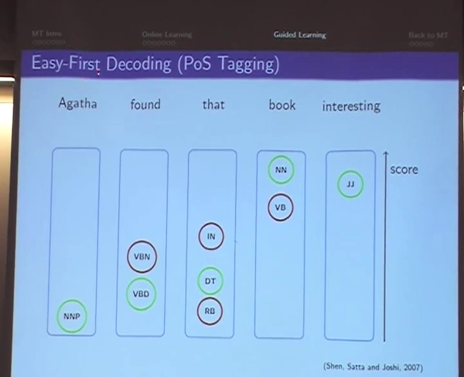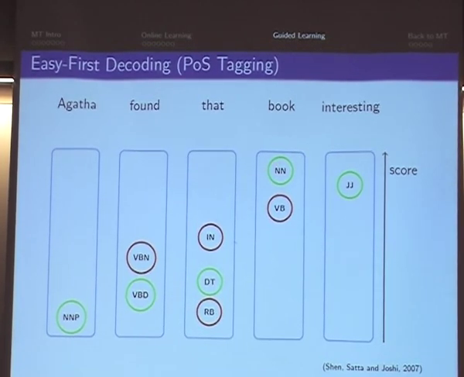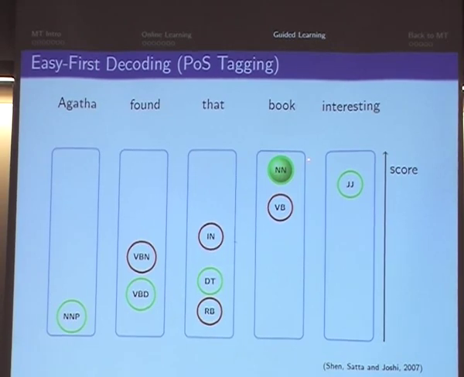The idea of easy-first, sometimes called non-directional decoding, is let's start with the word where we are most confident. So here it is the noun for book. It had the highest score. It's a structured prediction, but the score here is computed on neighboring words. Maybe here it was just a bigram model, so the features are computed also based on the previous tag, and here we can also look at the following tag.